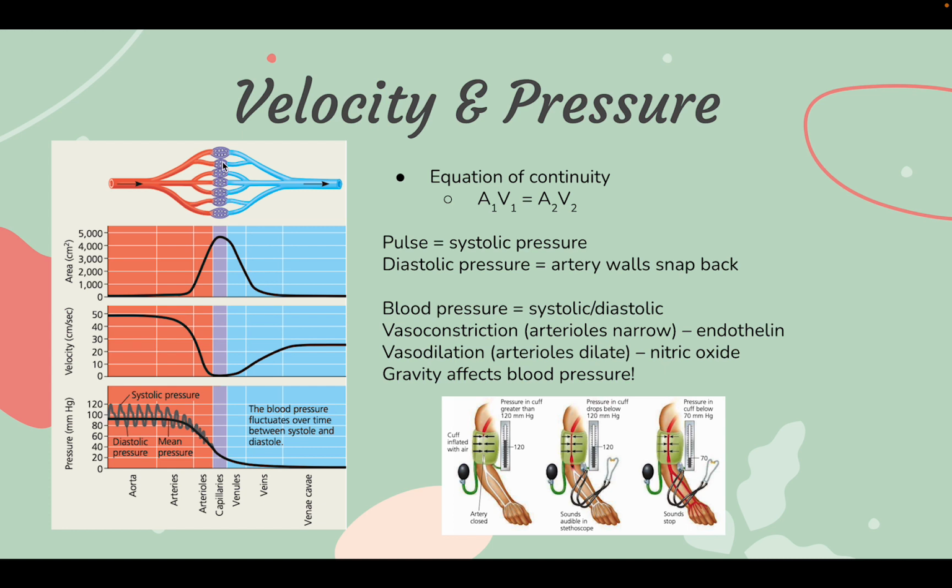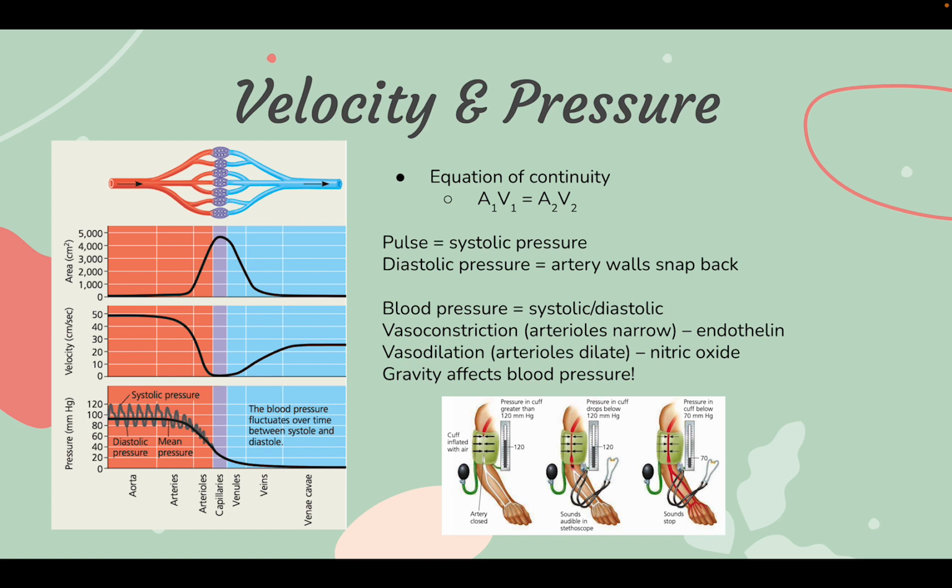So you might think of capillaries as having the smallest surface area, or smallest cross-sectional area, and you would be right to some degree. Capillaries have a small cross-sectional area when we're just looking at one capillary compared to the cross-section of one artery or one vein.